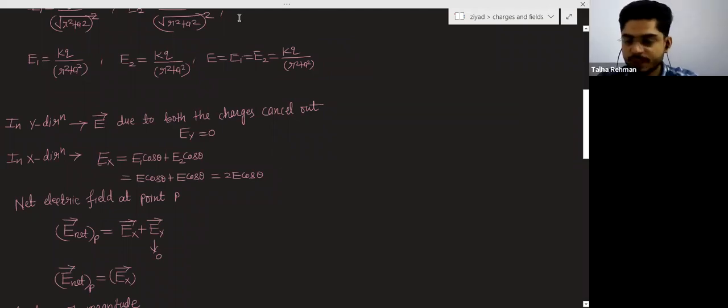So this is the derivation. About the derivation, I want to say that practice is very important, because a definition you can easily write. You can learn easily what is electric field, the space or a region around a charge in which another charge experiences a force.